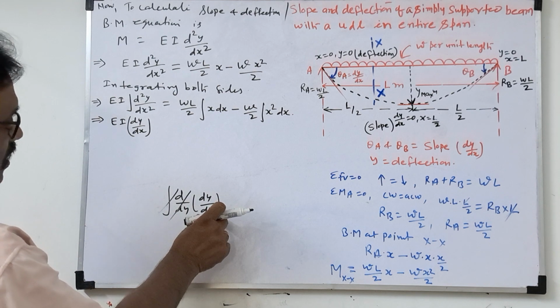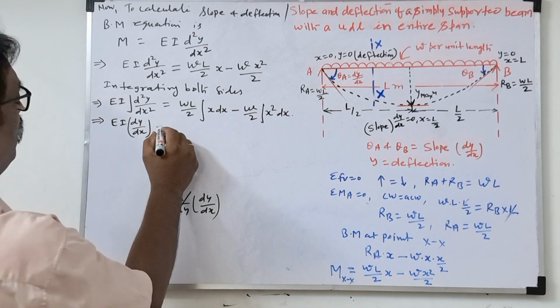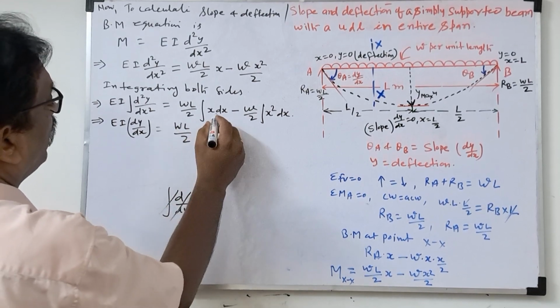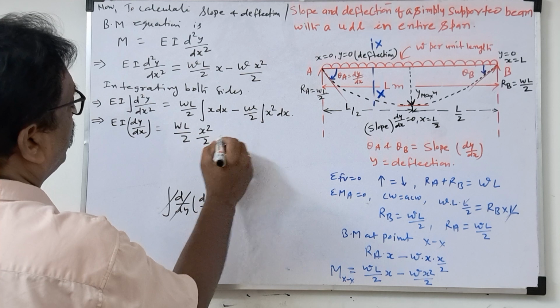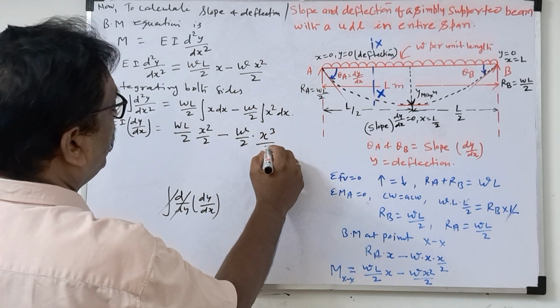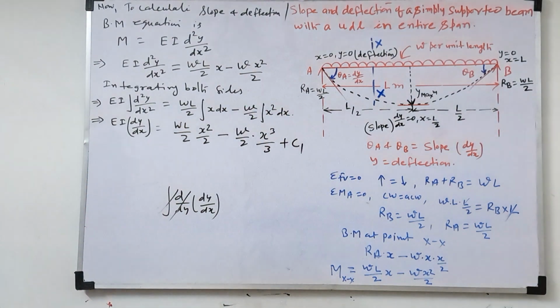That means this is our integration: EI dy by dx equal to wl by 2 into x square by 2, minus w by 2 into x cube by 3, plus some constant c1. This is the integration we got.